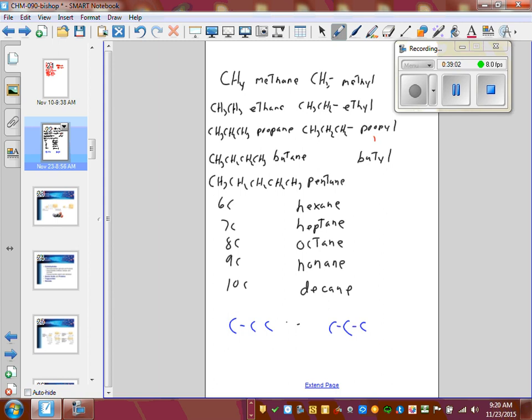If I put the alcohol on the end carbon, this is the first carbon, so it's 1-propanol. I can also put it on the second carbon.